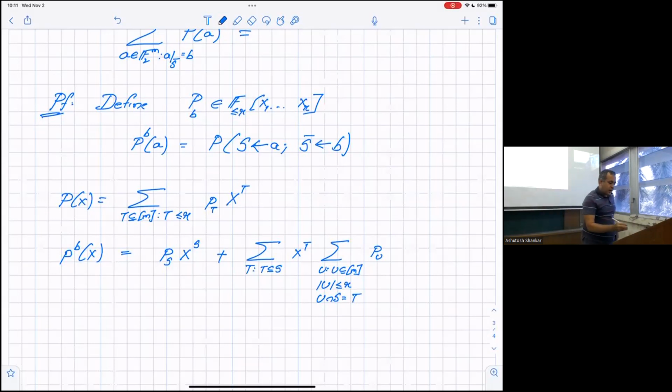And not just will they add up, you'll also have to put B power U over there.